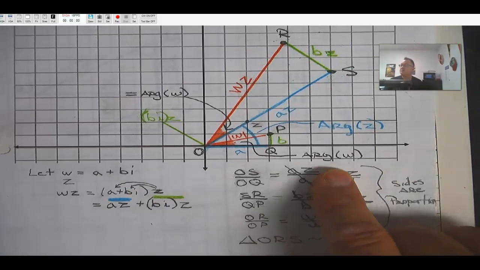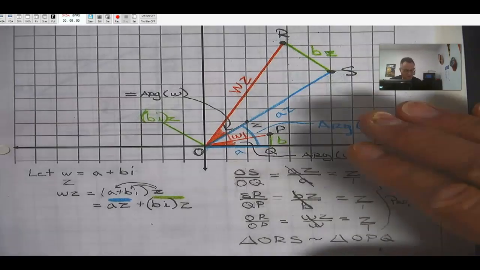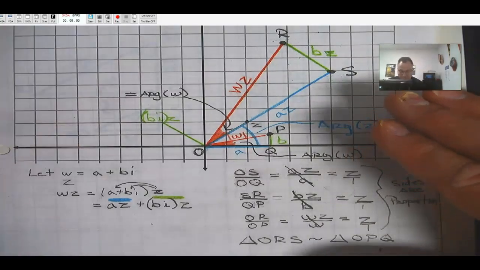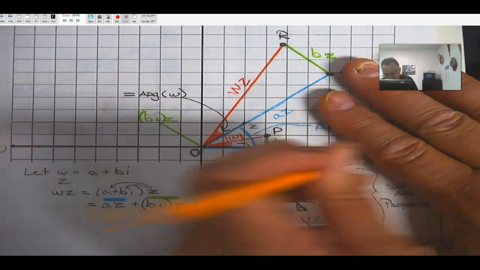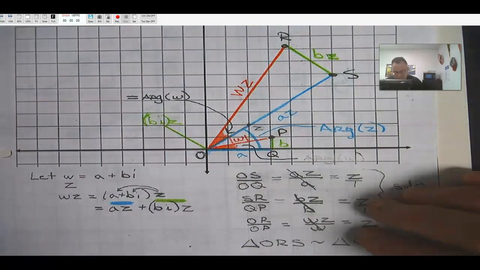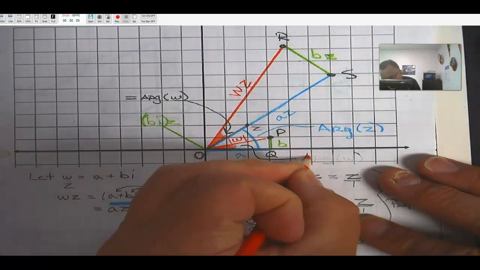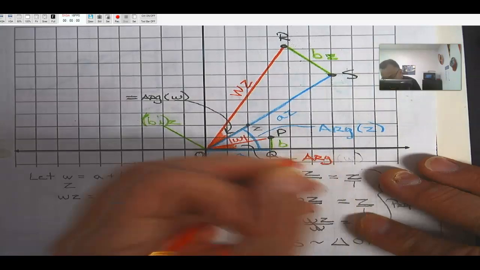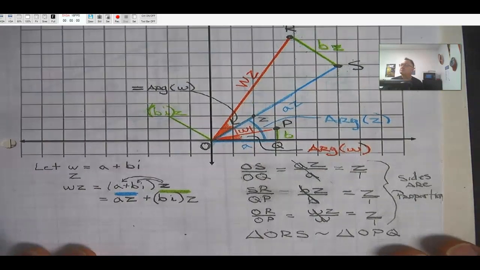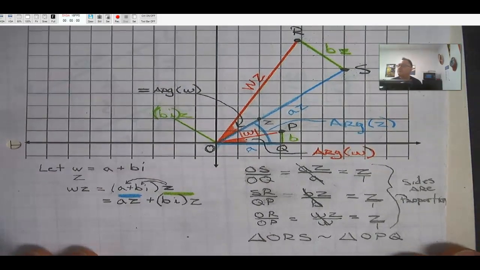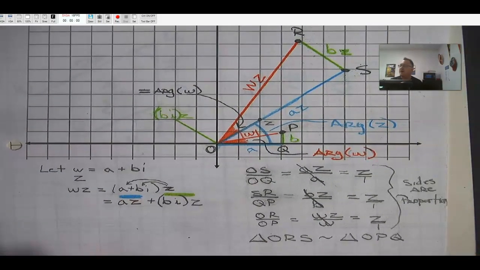So this guy, this was the argument for W. I'm going to, let's see, make this red. Okay. Now, what's the argument for WZ?